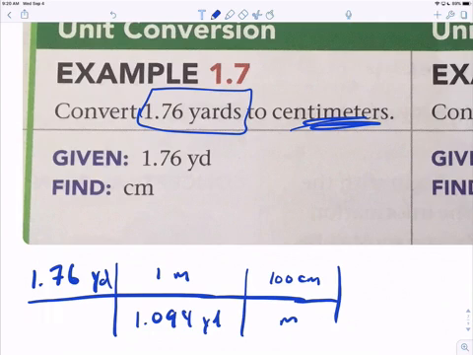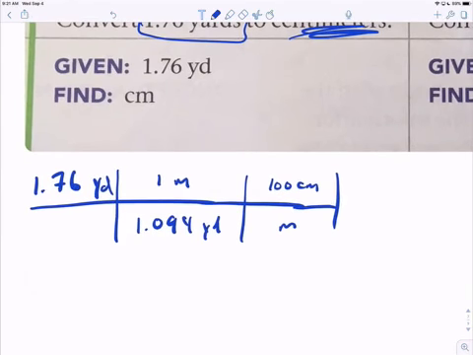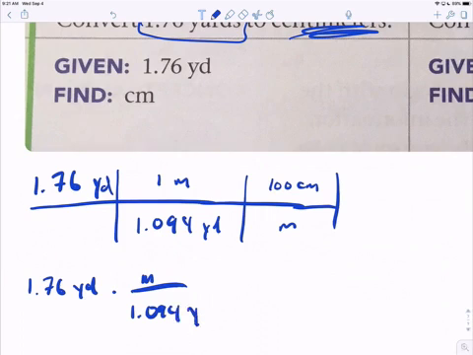My undergraduate's in chemical engineering, and if you've ever seen engineering paper, it's that lime green graph paper. I tend to do it this way because it makes it nice, neat and even. So 1.76 yards times 1 meter to 1.094 yards times 100 centimeters to a meter.